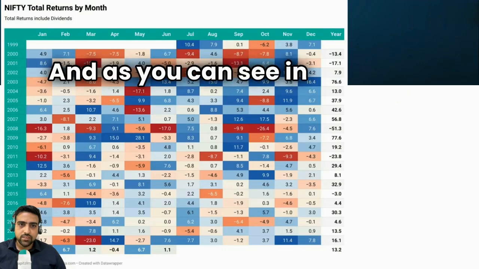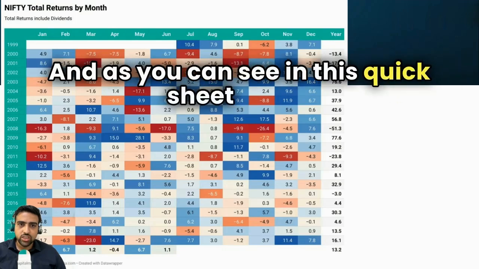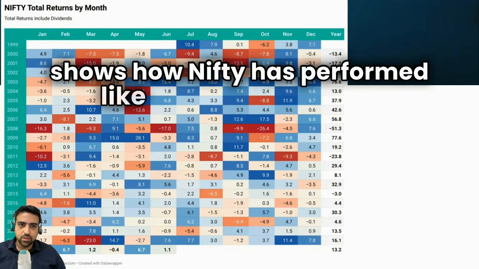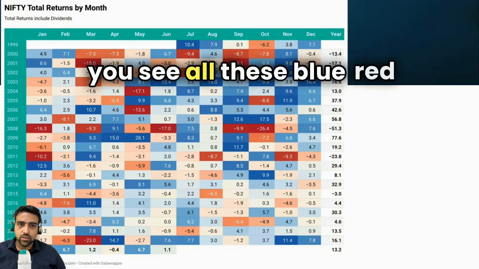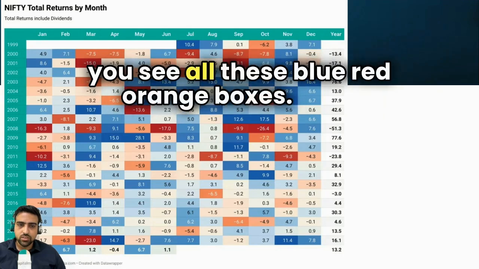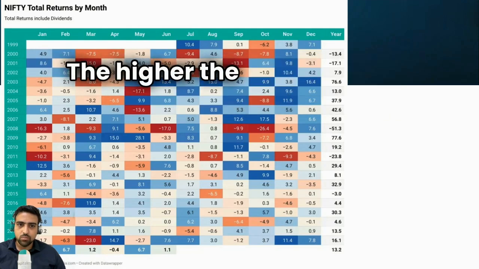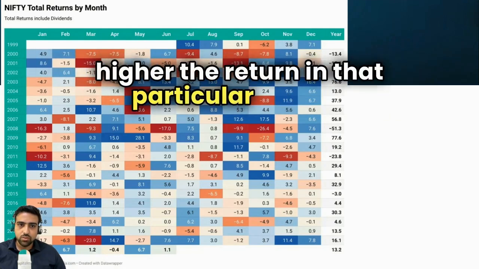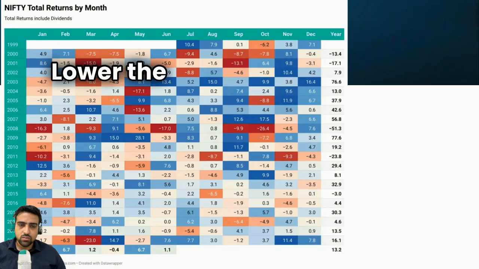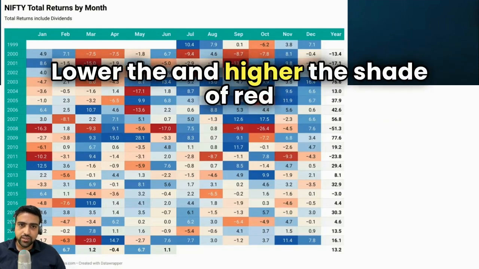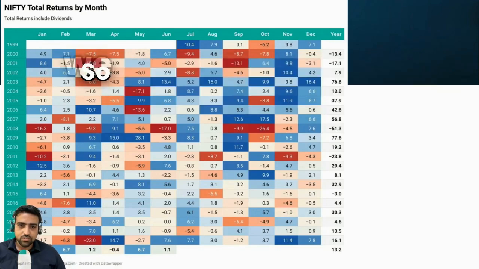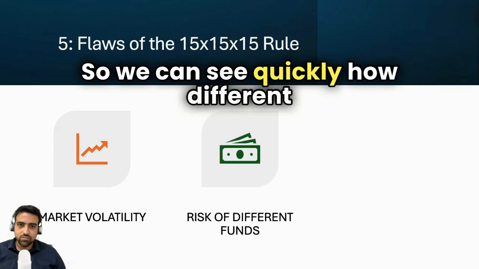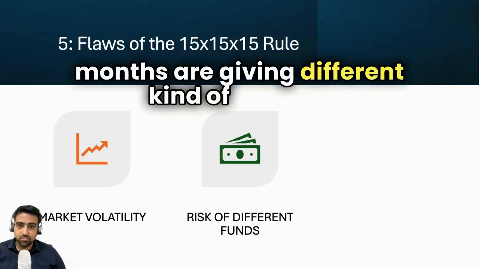As you can see in this quick sheet, which shows how Nifty has performed from 1999 till 2021, you see all these blue, red, orange boxes. The higher the shade of blue, the higher the return in that particular month. A higher shade of red means higher losses in that particular month. So we can see quickly how different months are giving different kinds of returns.